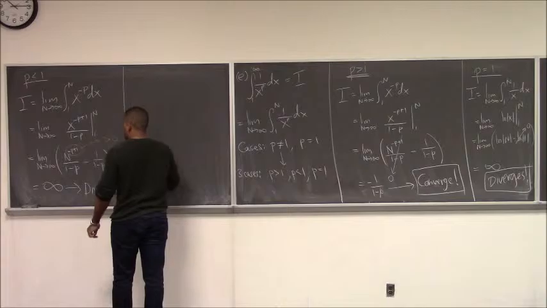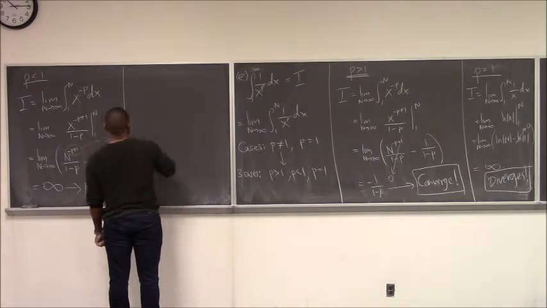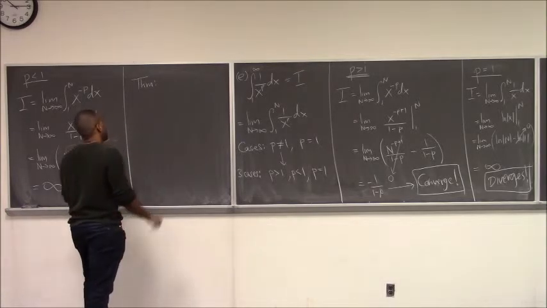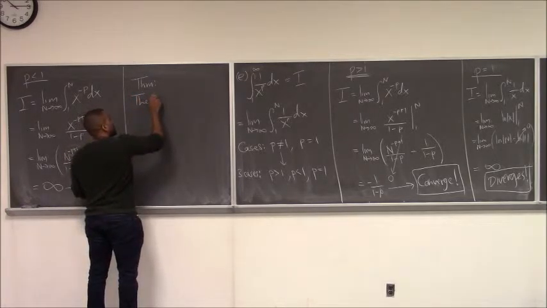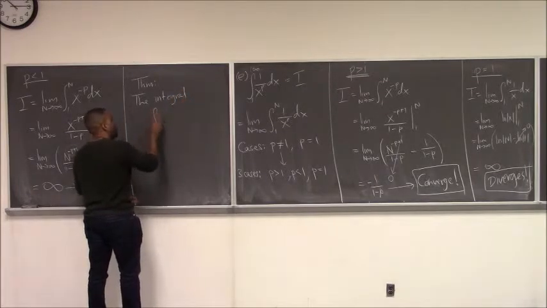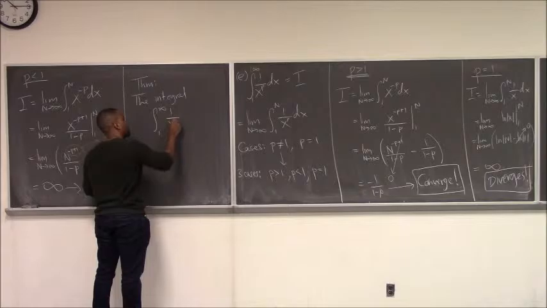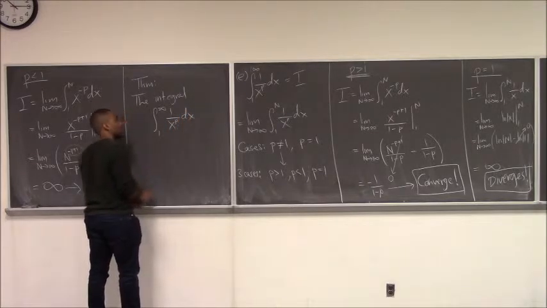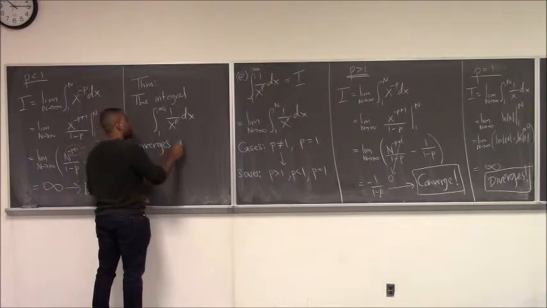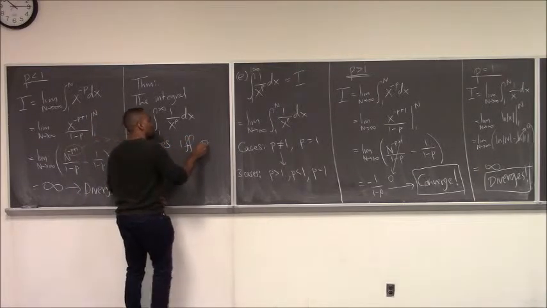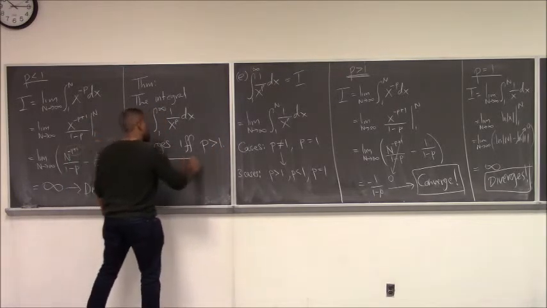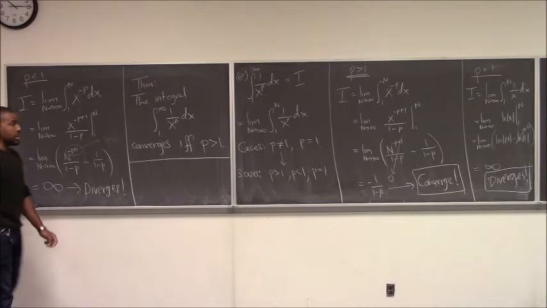This leads us to a very important statement. In fact, a lot of textbooks consider it a theorem. The integral from 1 to infinity of 1 over x to the p dx converges if and only if your p is larger than 1. So as long as your p is larger than 1, that integral will actually give you a finite answer.